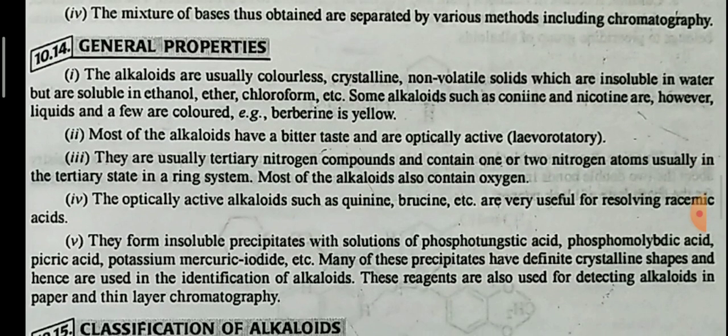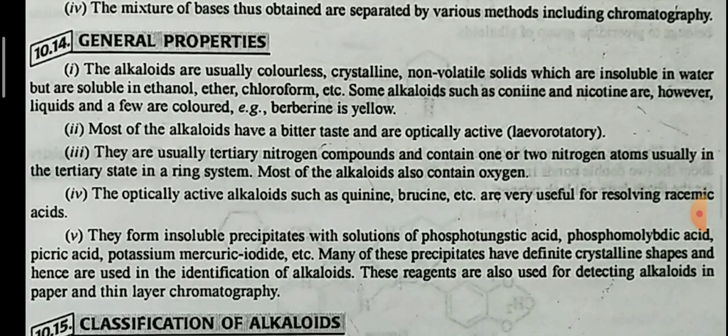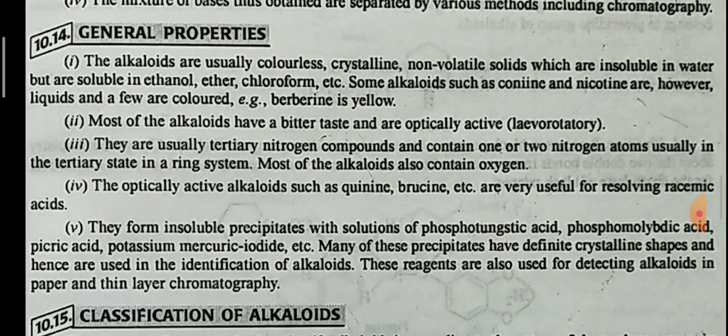General properties. The alkaloids are usually colorless, crystalline, non-volatile solids which are insoluble in water but are soluble in ethanol, ether, chloroform, etc. Some alkaloids such as coniine and nicotine are however liquids and a few are colored. For example, berberine is yellow.